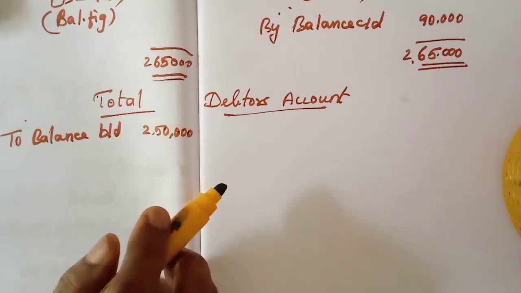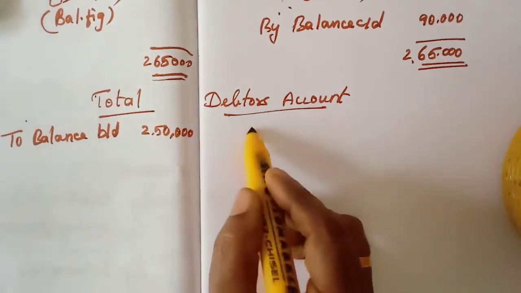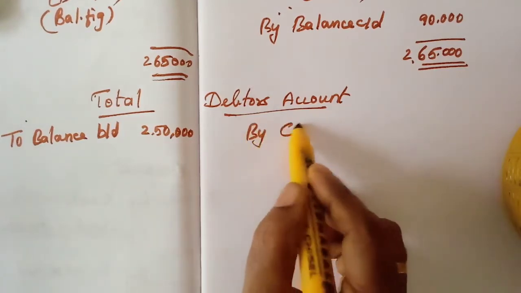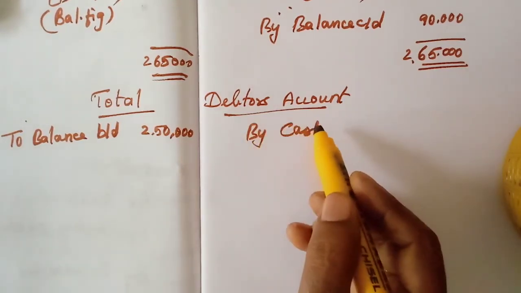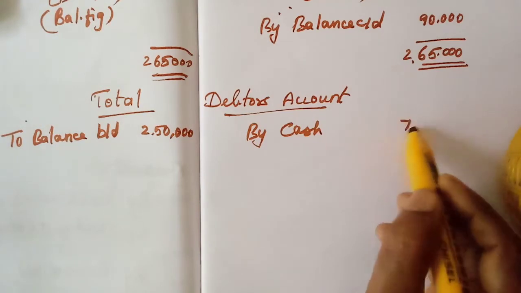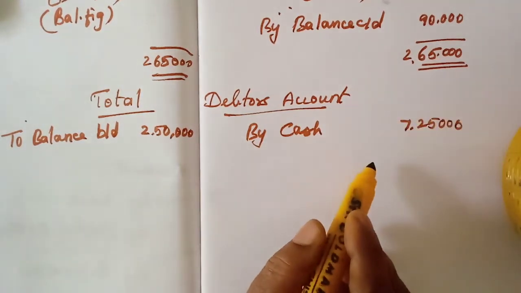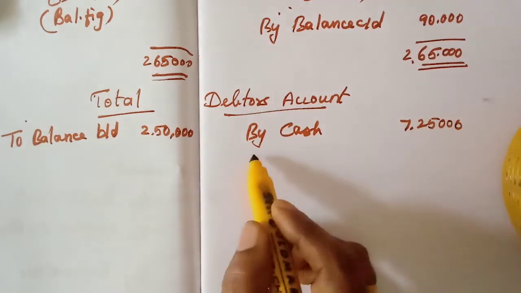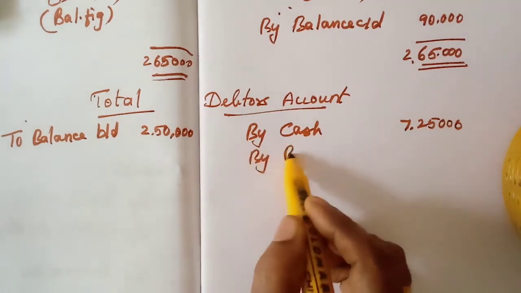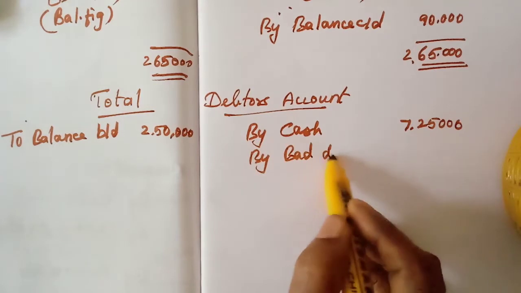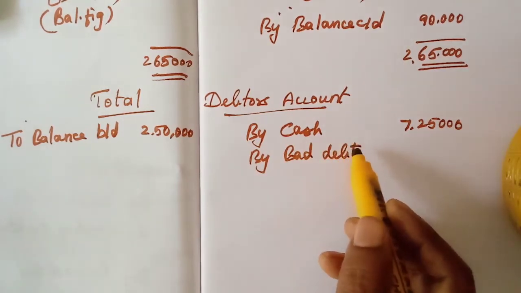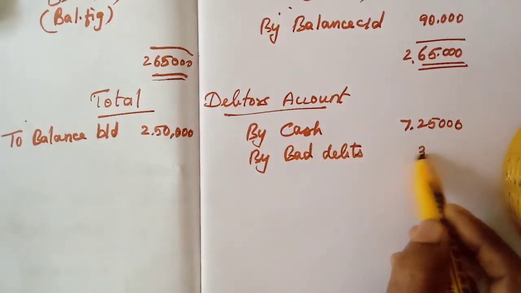Okay, then bills receivable opening we have written. Cash received from debtors by cash 7,25,000. Then bad debts 30,000.